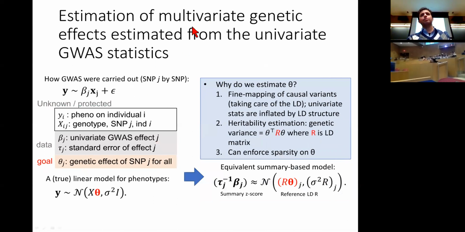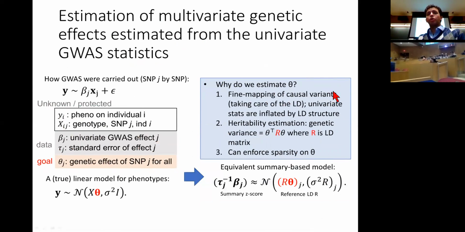You can first estimate the multivariate genetic effects from the univariate GWAS statistics. So you have the phenotype of each individual, and the genotype of each individual, and then the univariate GWAS effect, and some kind of standard error, and then the genetic effect for all SNPs. And then you can estimate this theta, which tells you what is the effect on all of the phenotypic traits jointly.